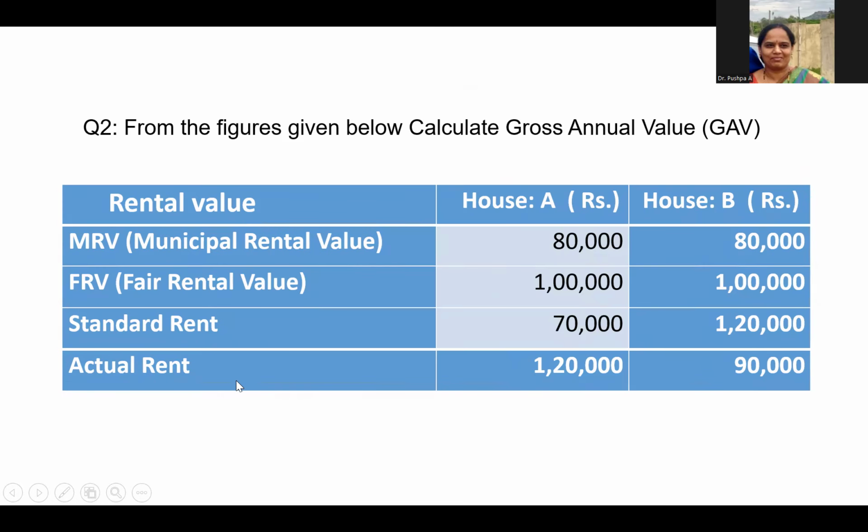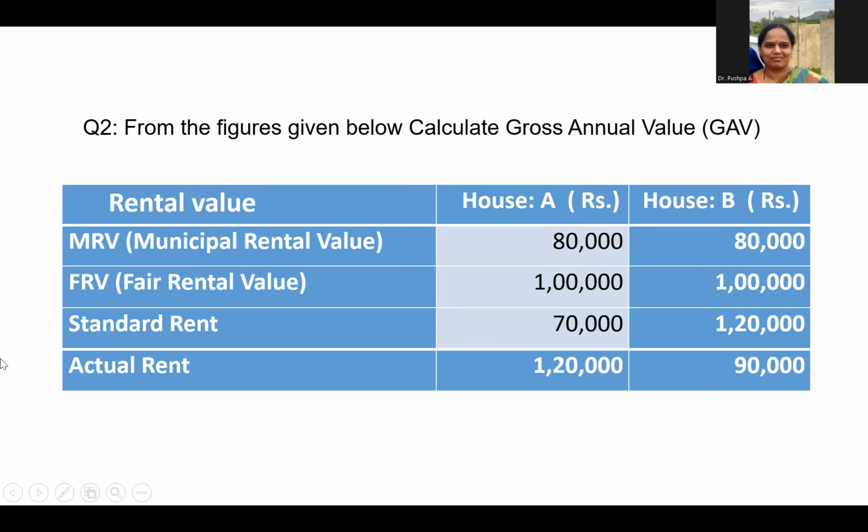Coming to the second question, from the figures given below, calculate the gross annual value. In this problem, they have given us two houses, house A and house B, and four important points: municipal rental value, fair rental value, standard rent, and the actual rent. We have three steps in the computation of gross annual value.